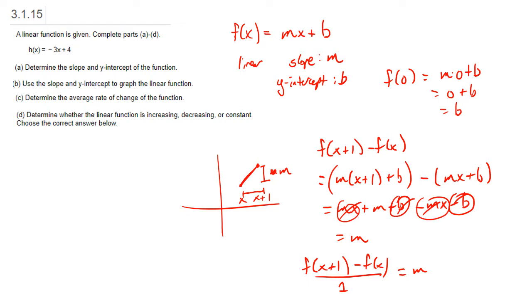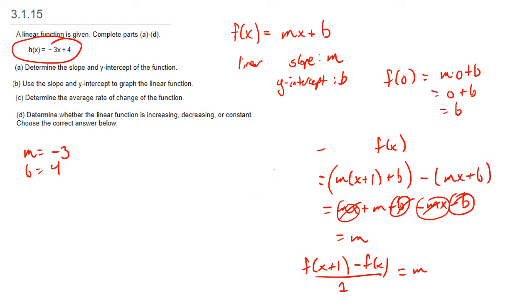Okay. And this doesn't matter what 2 points you pick. So in this particular problem, the slope m is exactly minus 3, looking at the function up here, and the y-intercept is 4. Okay, then we are asked to use the slope and the y-intercept to graph the function.